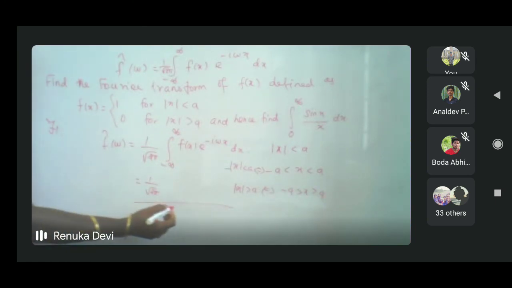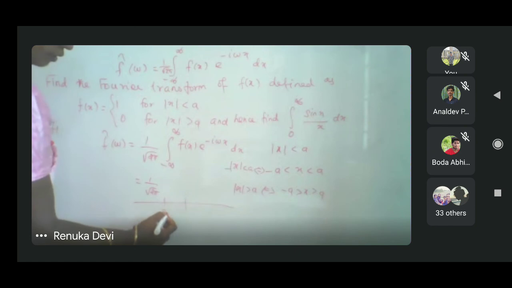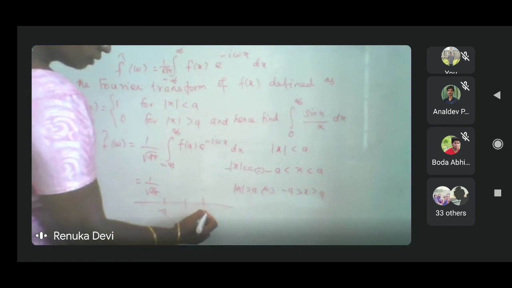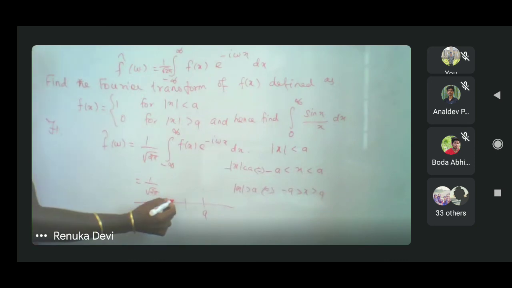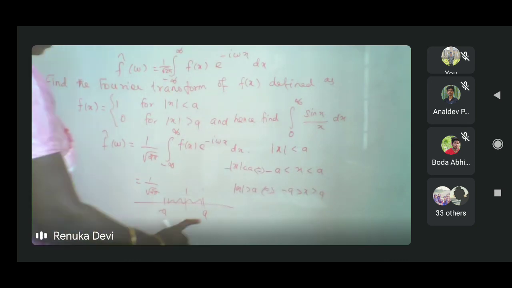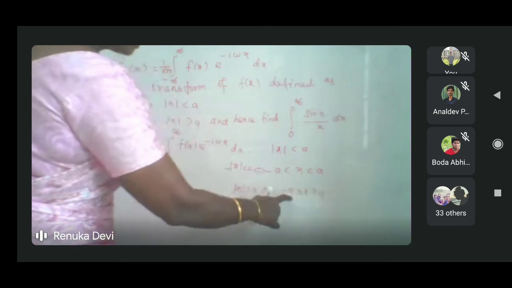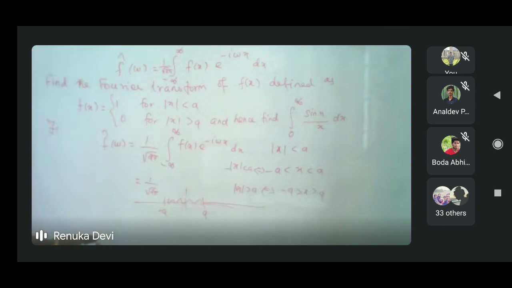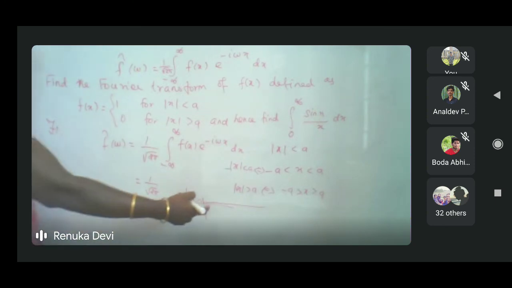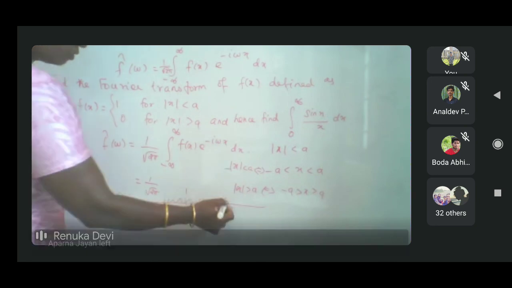If I take minus a and plus a, if x lies between these two, the function attains the value 1. If x is greater than a, this portion, or x is less than minus a, this portion, the function has the value 0.